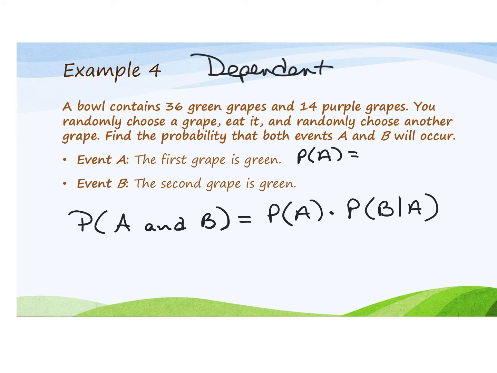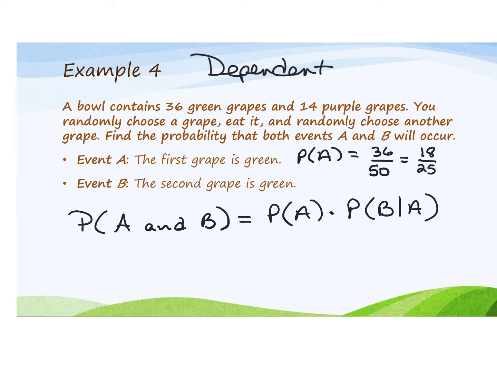I've got 36. How many total grapes are in the bowl? I'm going to add 36 plus 14, and I have a total of 50 grapes. I can reduce this. I can divide them both by 2, and it simplifies to 18/25. Now, here is where the dependent comes into play.